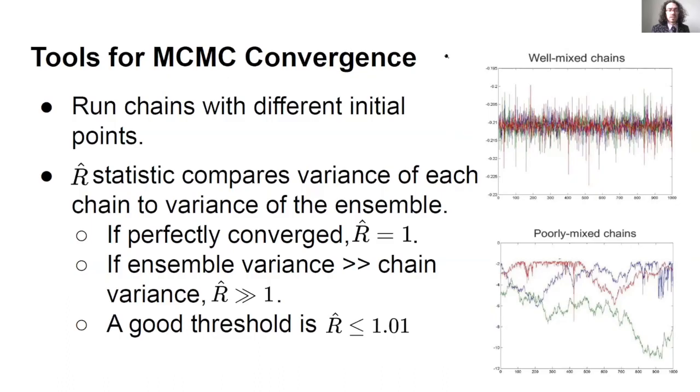So if the chain is perfectly converged, then the R hat statistic has a value of 1. However, if you're poorly converged, it's going to be much greater than 1. And a good threshold that I think is recommended by Stan, Bob can correct me if I'm wrong on this, is that you probably want it to be around 1.01 or less to be really confident that your chain is converged.